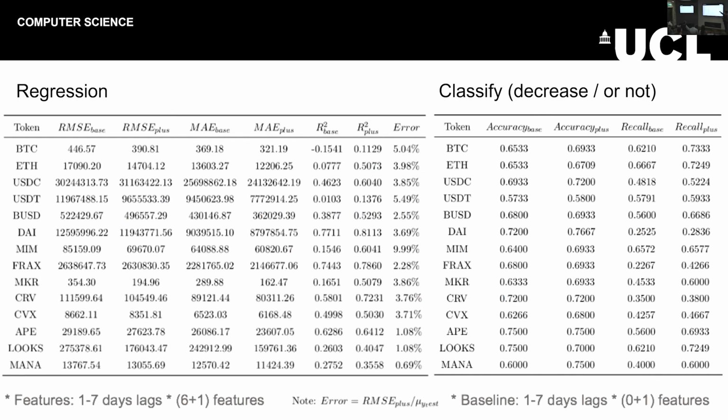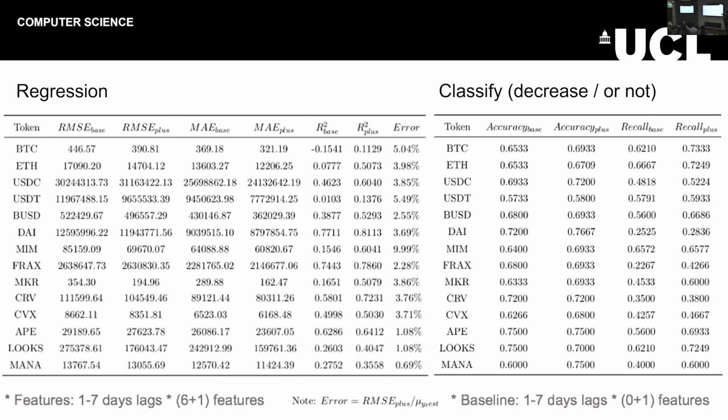And you can see the result here is very long. I use as the baseline the 1 to 7 days lags of only the total reserve itself as the features. And the improvement is adding the 1 to 7 days lags of other indicators as the features.